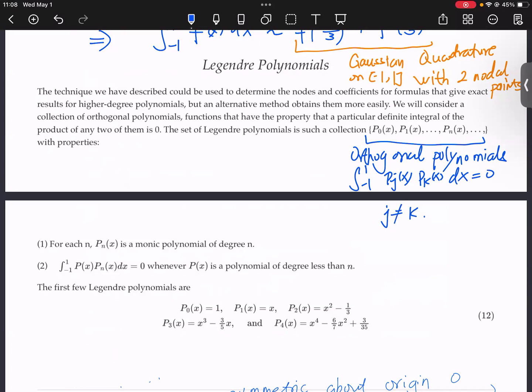This is the definition of orthogonal. And there are some properties for this set of orthogonal polynomials.